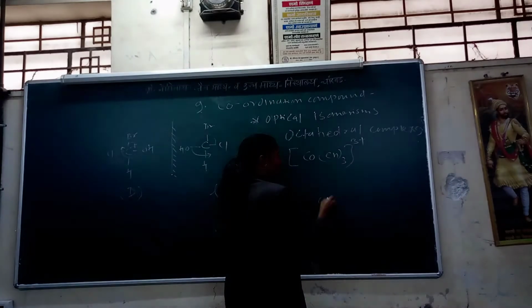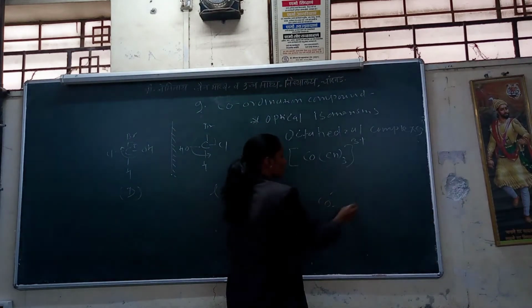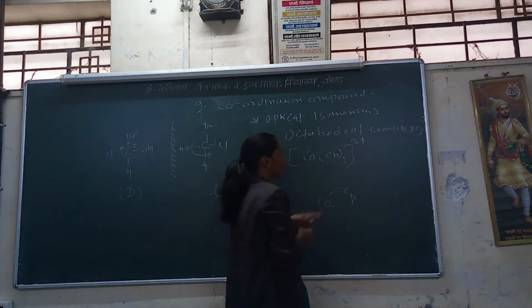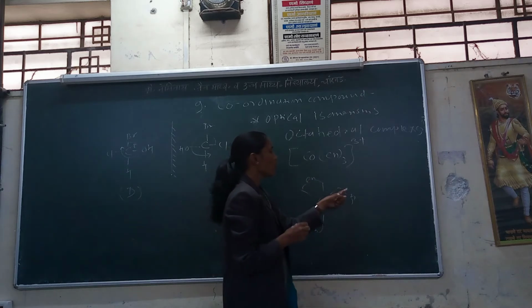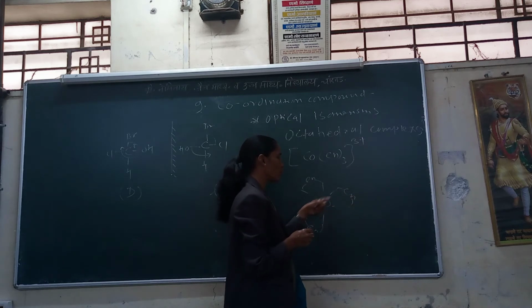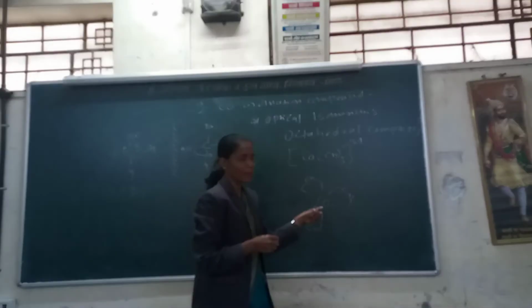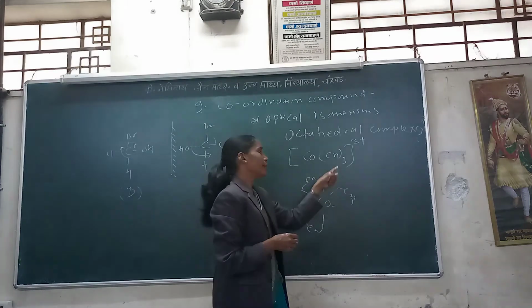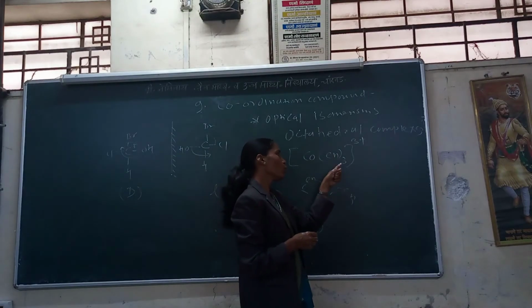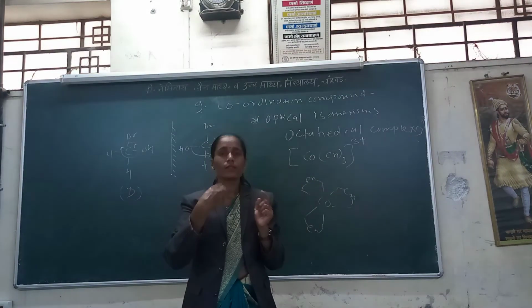For example, Co, En, this is 1 En, again here 1 En and 1 En. One ethylene diamine donates electrons twice to the central metal, meaning 2 bonds, so 3 groups make 6 bonds.